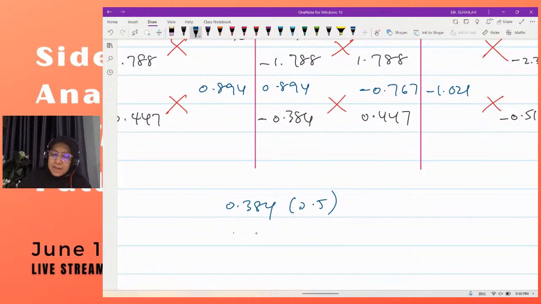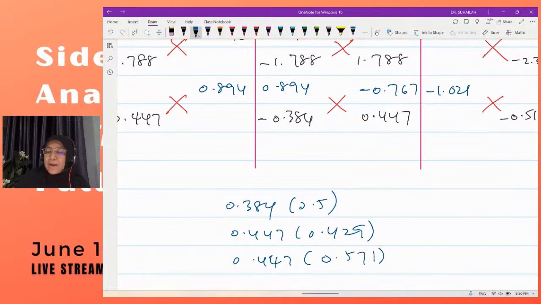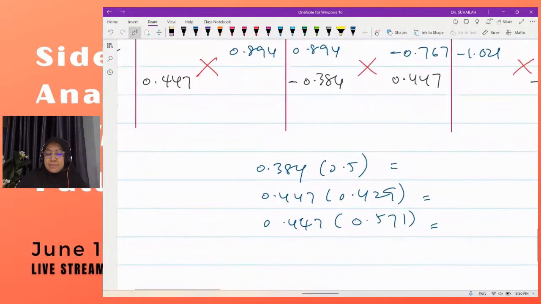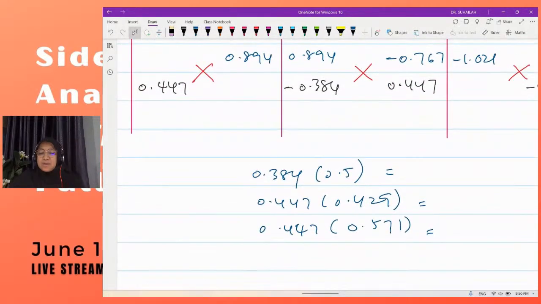Okay, and then 0.447 times 0.429. And then 0.447 times 0.571. Okay, please calculate. 0.384 times 0.5. What is the answer?